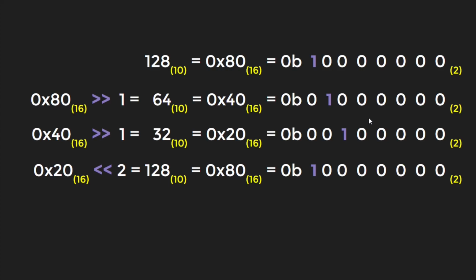Now, to drive this point home, this hex 20, I shifted to the left now. I applied the opposite operation by 2 and got back to 128 decimal, hex 80, and I got the bit back where it's supposed to be. So we shifted it right one place, then again one place, then we shifted it 2 places to the left. And this is called bit shifting.